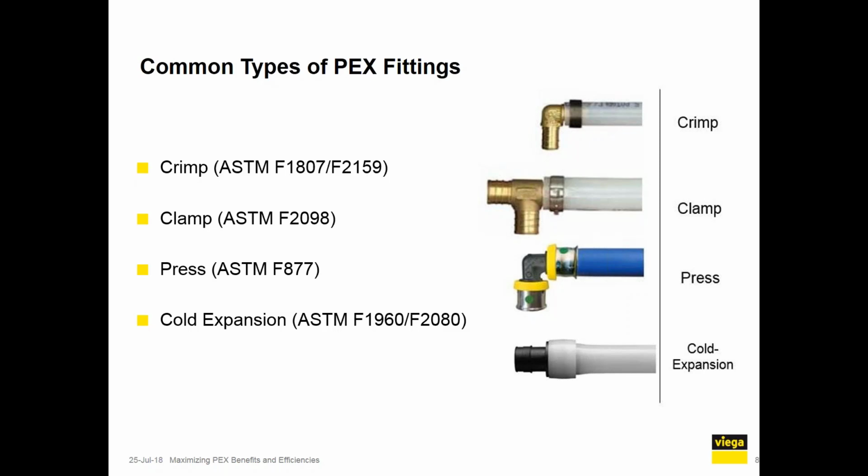It also is a fully assembled fitting. Everything's all together, so you're not fumbling with a crimp ring or a clamp or a cold expansion ring. So there's several benefits there, and we'll dive into a little later how that installation efficiency can aid your profit and your labor on the job.